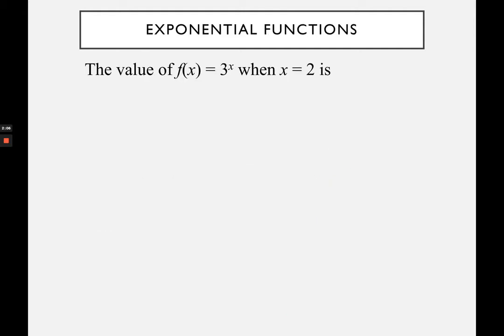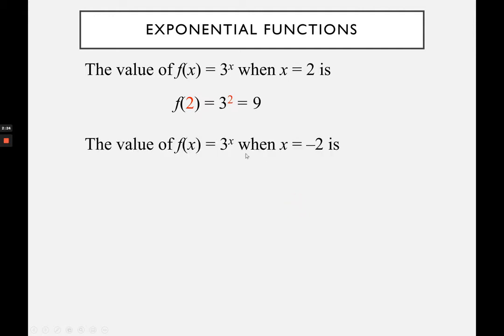Let's have the evaluating of functions. If you have f of x is equal to 3 raised to x, when x is equal to 2, what do you get? 3 raised to 2 is just 9, because 3 times 3 is 9. The same function, if x is negative 2, remember, if you have a negative exponent, the whole thing flips.